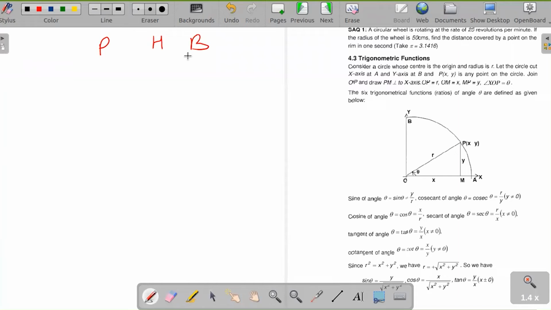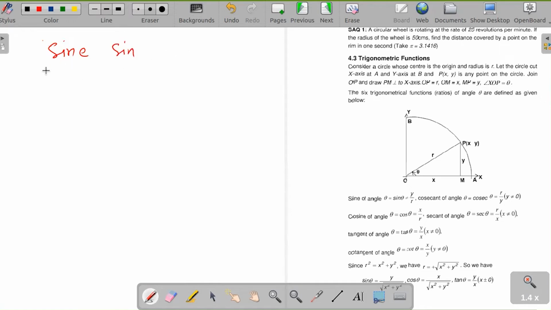Okay, with these three sides, we can have six ratios. In short, we say sine.